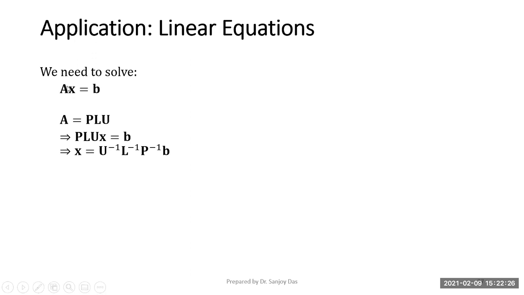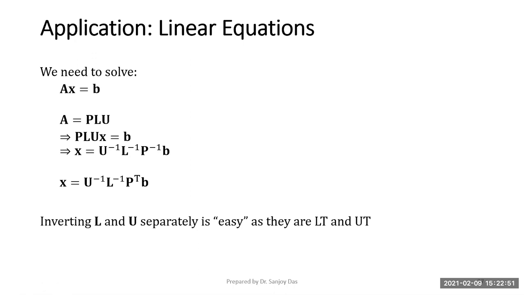Instead, we decompose A into PLU, and then we invert P, which is basically transposition, no big deal, and apply a simpler algorithm to invert L and U. So we get our solution X equals U inverse L inverse P inverse B. Inverting L and U separately is easy as they are lower triangular and upper triangular.